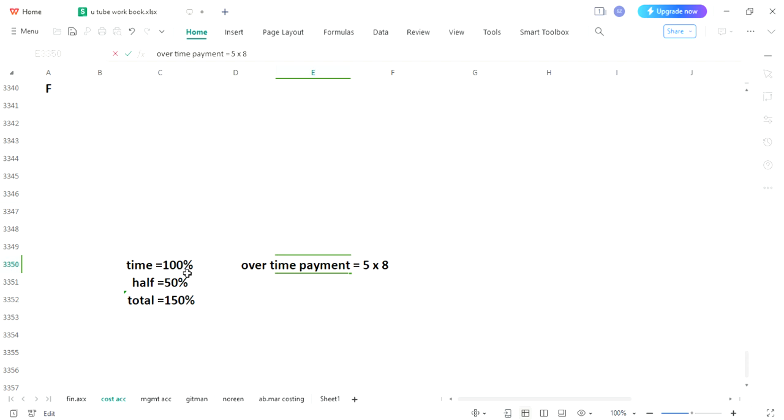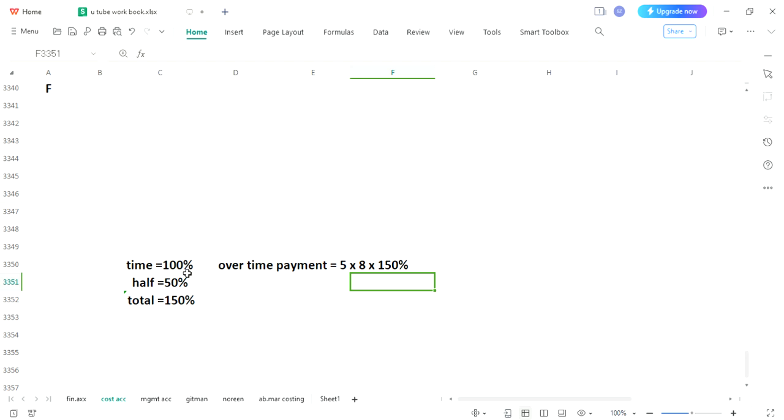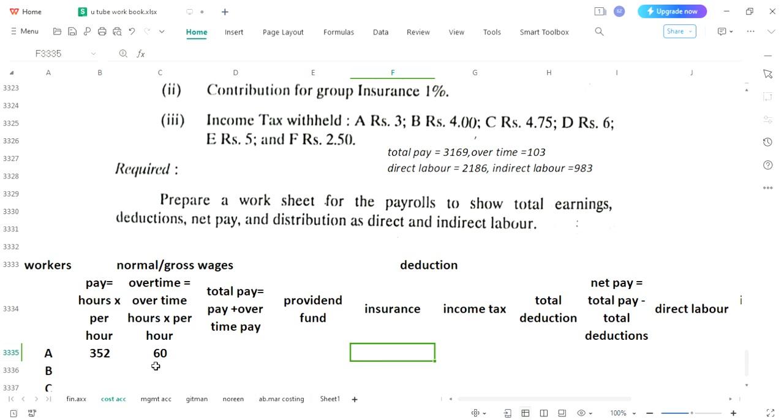So you will multiply it with 150%. Now let's calculate it. 5 multiplied by 8 and multiplied by 150%. And what I have done, 150% means 150 divided by 100, and that means 1.5. So you have got 60, and the answer we have calculated is also 60.